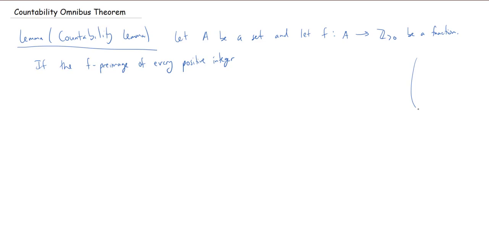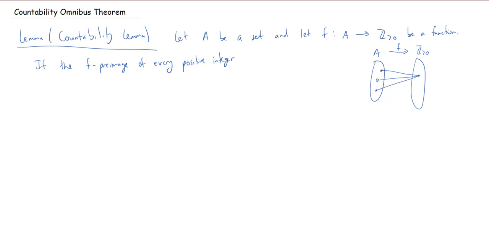So if I had my picture here, positive integers, I had my A, I have this function f, I choose some positive integer and I ask what are all of the different points which map to it. Okay, and I don't know anything about A, so maybe there's no points that map to my given point, or maybe there's 3 of them, like in this picture, or maybe there's an infinite number.